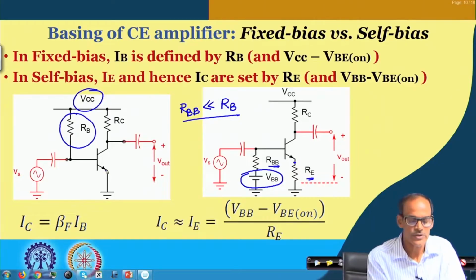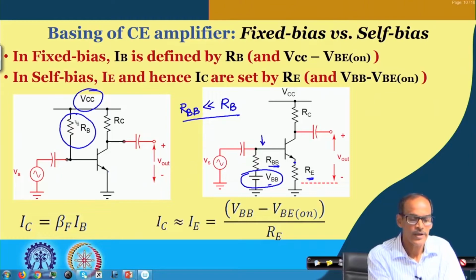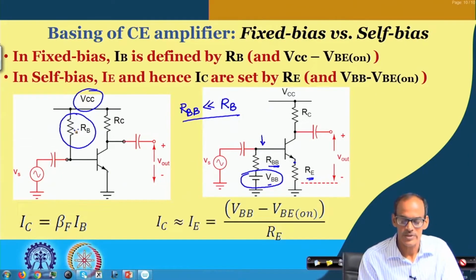In contrast to the other circuit where the emitter is connected to ground, we do have the flexibility to change this voltage, and predominantly we can say that this circuit is more like a voltage bias rather than the current bias we are seeing in the fixed circuit.